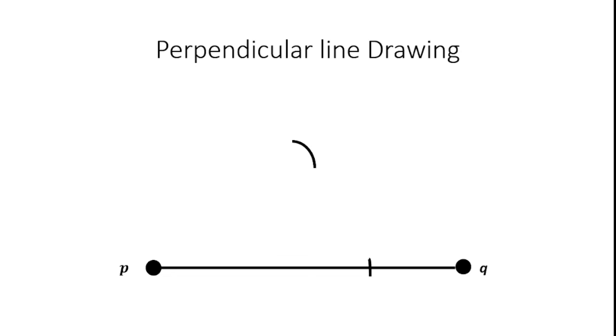Then, with Q as the center, I take more than half the length of the PQ line as the radius and make an arc. Now I identify the arc intersection point and name it S. Now I connect S to the parent line PQ, and here I got R. Likewise, I can produce the perpendicular line of the PQ line.